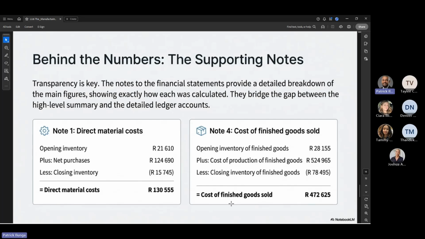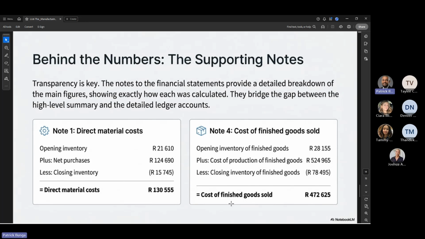Just make sure. Remember again, for a statement, you're not going to use the ledger. You're going to use notes. Oh, that's beautiful. Notes, you can write them quickly. Why do we teach you this skill? So that you can make quick calculations. What is my opening inventory for direct material?